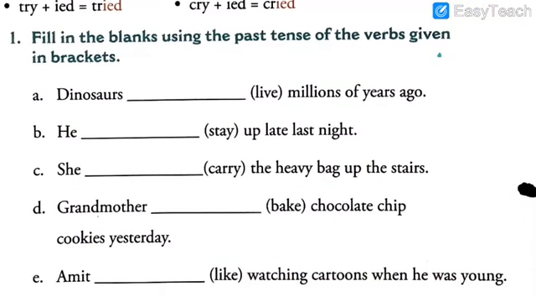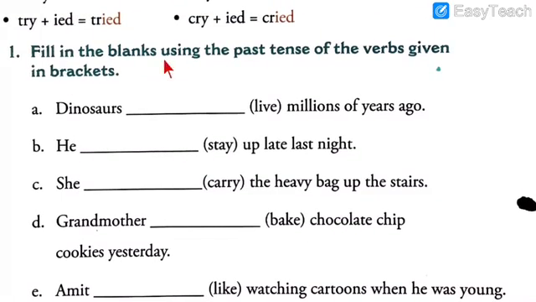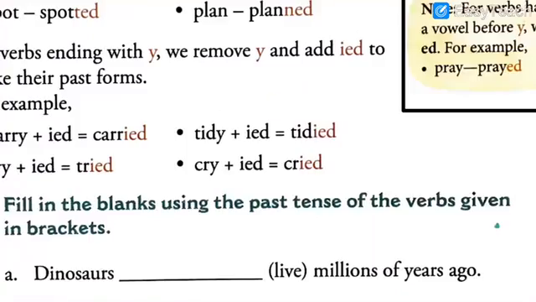So let us solve a few blanks. Fill in the blanks using the past tense of the verbs given in the brackets. Dinosaurs lived million of years ago. Live. Now what do we have to do if the verb is ending with E?